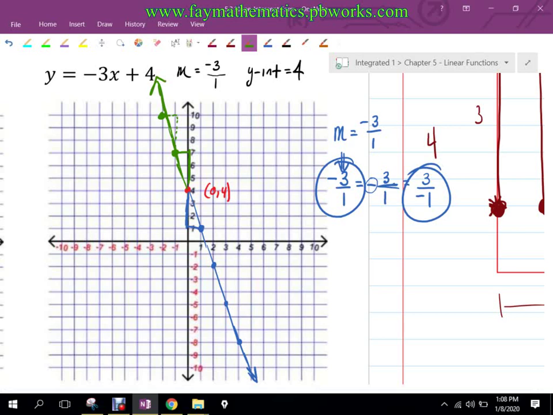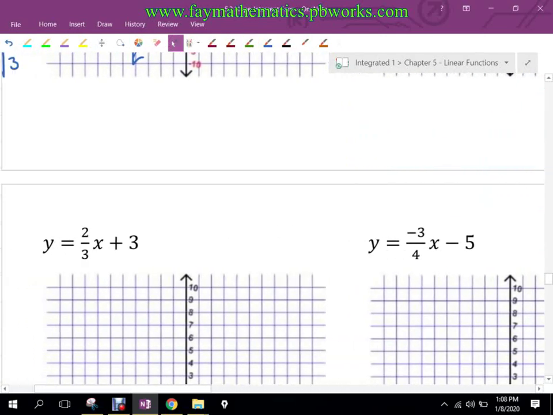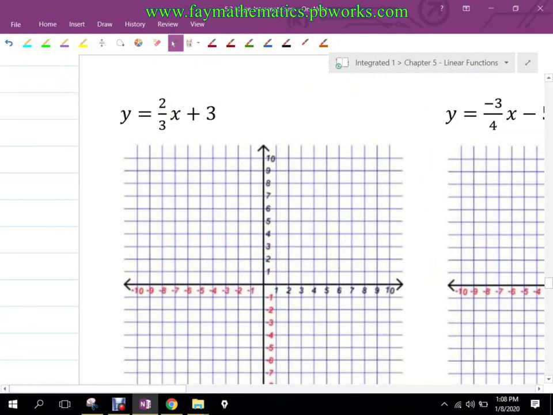Okay, now I'm going to come down. I want to kind of prove a point. I think, do you guys get the idea? Do we need to do one more like this? Let me do this. Let's change this 3 to a 10.